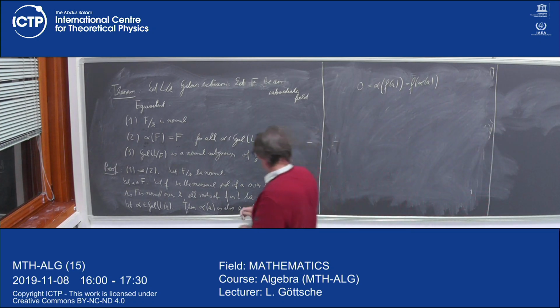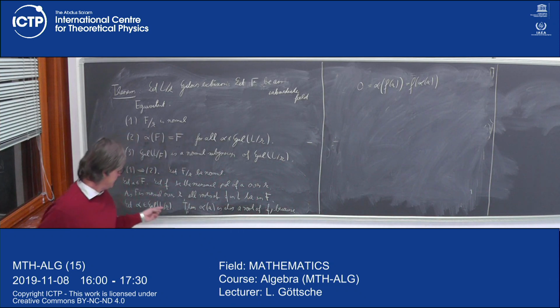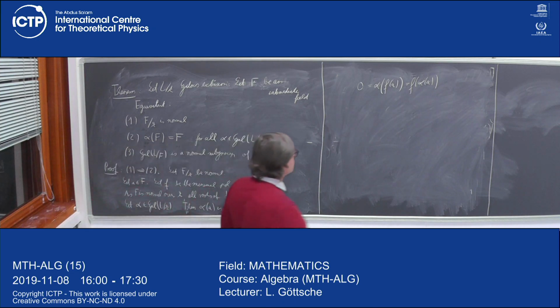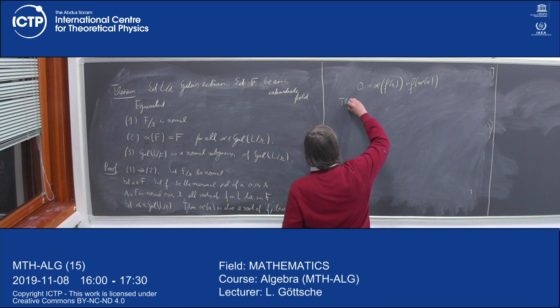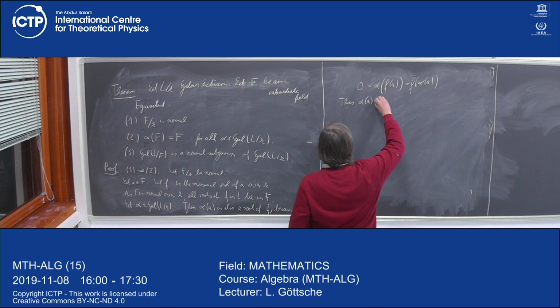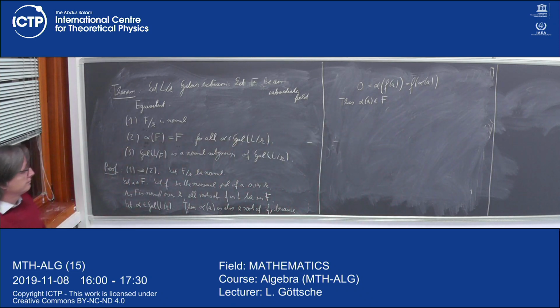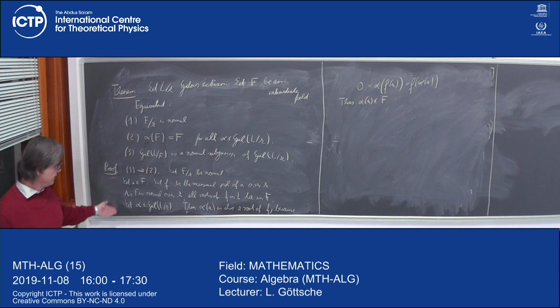So, therefore, we have seen that this polynomial already splits over F, so it follows that alpha of a is in F. And that's it. So this kind of trick works very nicely.